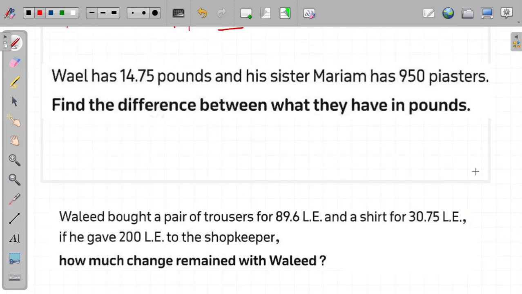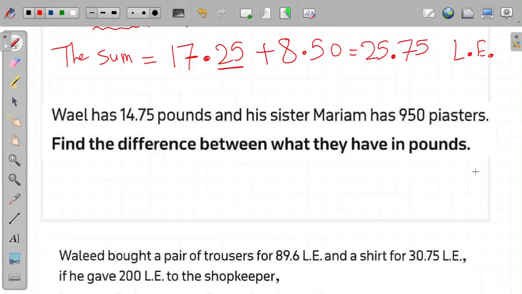Next, I have Wael has 14.75 pounds and his sister Mariam has 950 piasters. Find the difference between what they have in pounds. Listen carefully here. Wael has 14.75 pounds, so the first unit here is pounds.